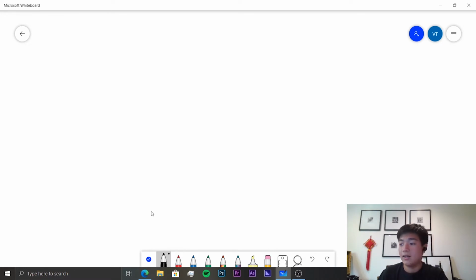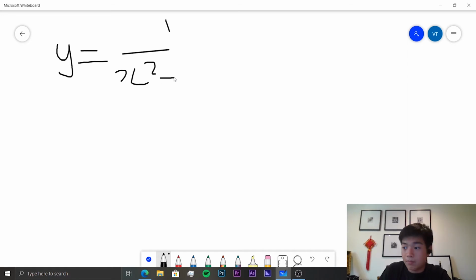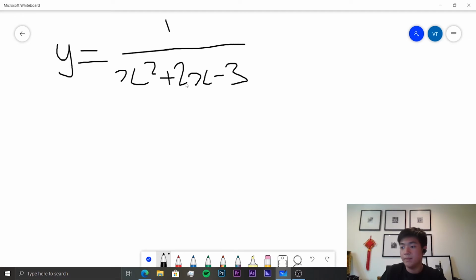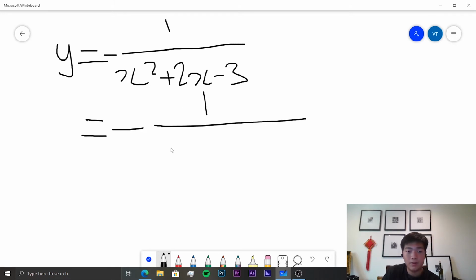Our next function would be y is equal to negative 1 over x squared plus 2x minus 3. Find the domain, as usual. So let's factor this out. This would be equal to negative 1 over x plus 3 times x minus 1.